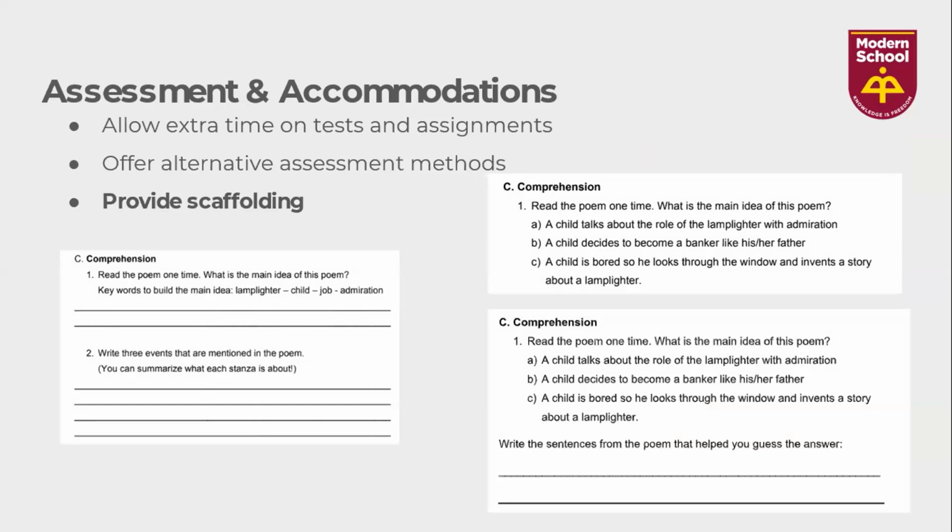The first one, you see here, standing on their own. What we offered is vocabulary or words that they can use to build their answer. Then we have options, and the third version of the same activity is we give them options, but we ask them to indicate where in the text they found the answer.